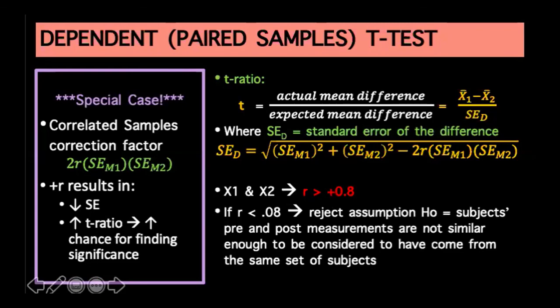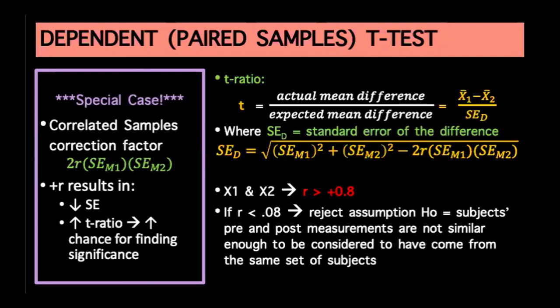But to add on, it needs to be a positive R and not a negative R. Because a positive R, as this gets larger, the values in the square root of the standard error are going to get smaller. Overall this is going to decrease the standard error of the difference, based on how this formula is worked into the square root function.